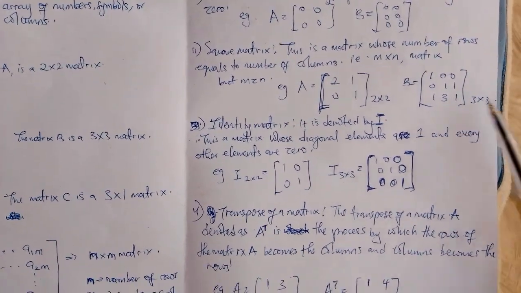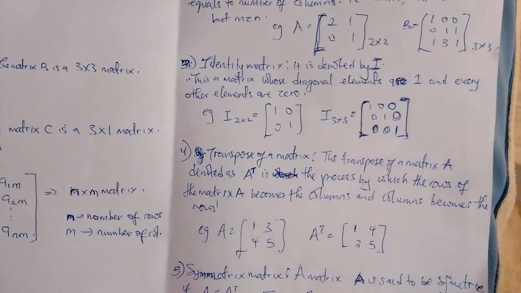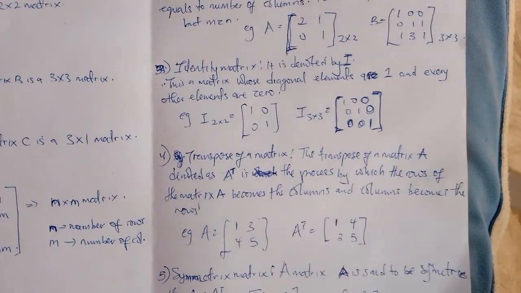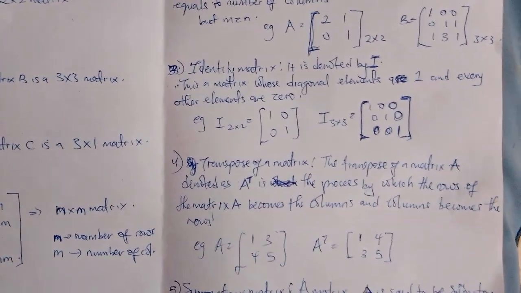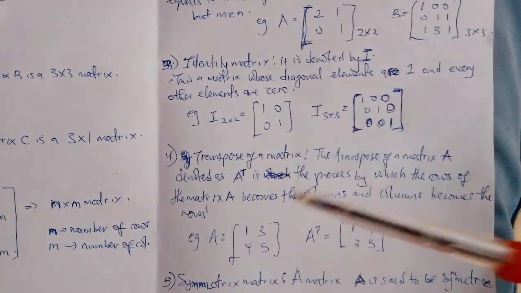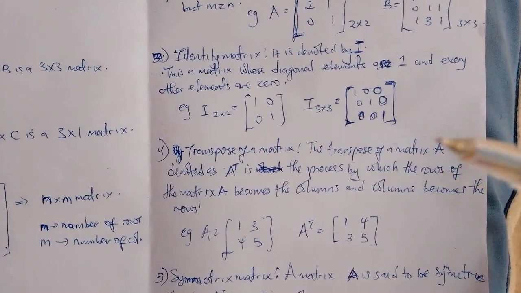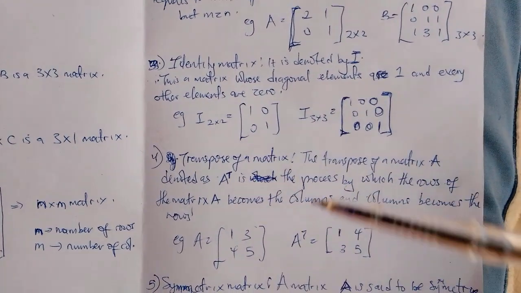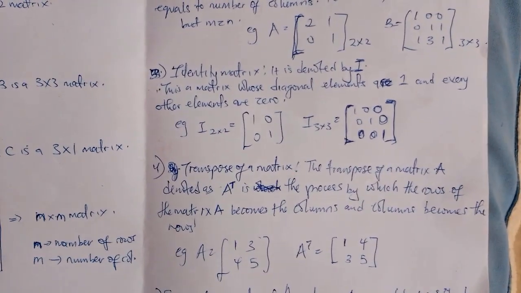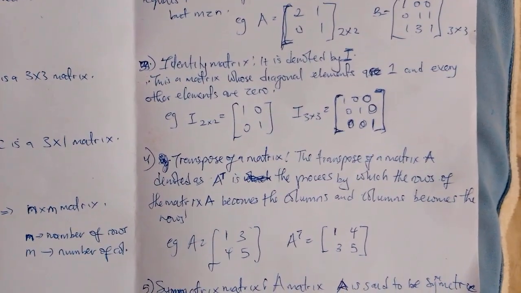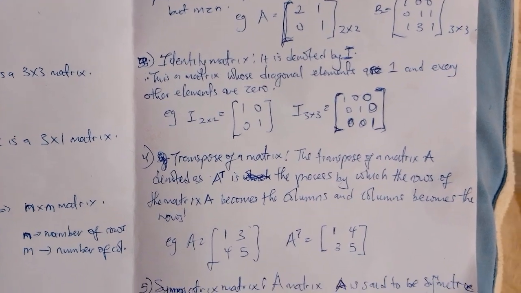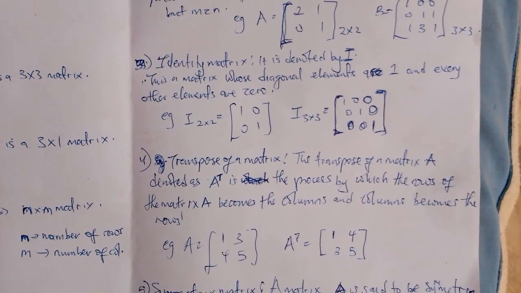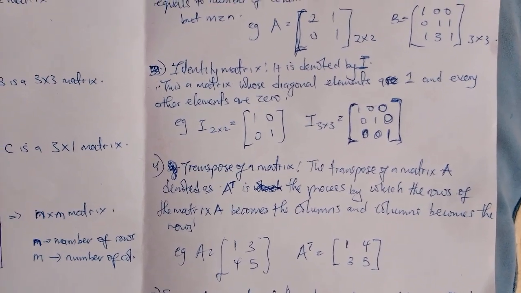Alright, so now let's move to the next kind of matrix that we have here. We have the transpose of a matrix. This is not really a kind of matrix, but it's just a kind of operation on a matrix. The transpose of a matrix A, denoted as A transpose, is the process by which the rows of the matrix A become the columns and the columns become the rows.